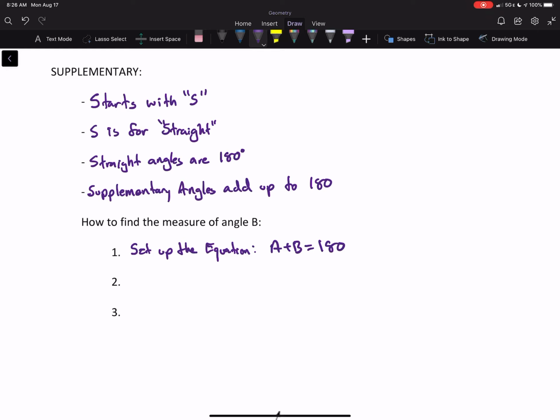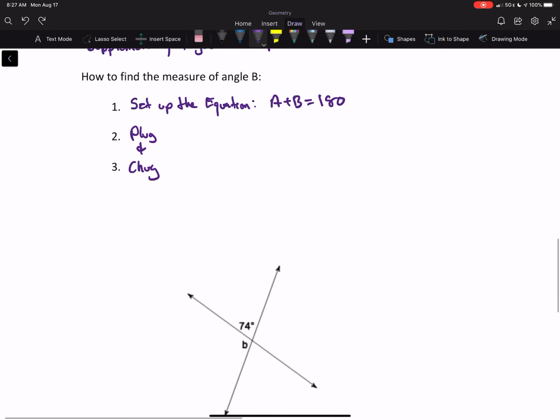Now it could be more than A plus B. It could be A plus B plus C plus D. Remember, we're using 2 most often, but it could be 3 angles. Then we're going to plug and chug. Oops, there's no H in chug there. That means just put in the numbers we have and solve it.